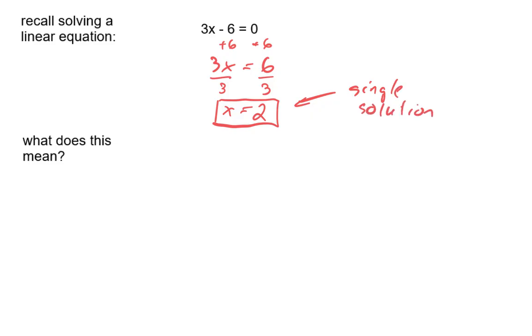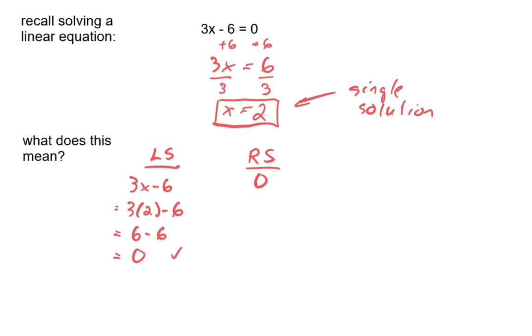And what does it mean that this value of x is a solution to our equation? Well, it means that if we take this value of x and sub it back into our equation, the left side of the equation is 3x minus 6, and the right side is 0. If we sub 2 in for x, we get 3 times 2 minus 6, which is 6 minus 6, which is 0.